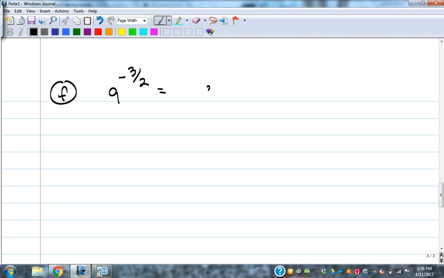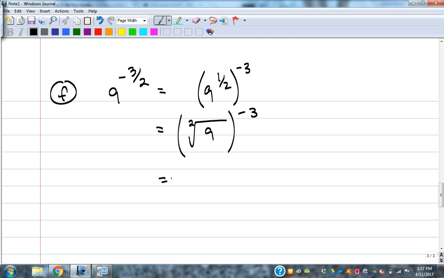I'm thinking, okay, that's 9 to the 1/2, and then throw the numerator to the outside, so negative 3. What's the 1/2 power? What root does it turn into? The index is a 2, so it's a square root of 9 to the 1st, which is just 9. And then that all gets raised to the negative 3. What's the square root of 9? 3. So we end up with 3 to the negative 3, which is actually 1 over 3 to the 3rd, which would be 1 over 27.